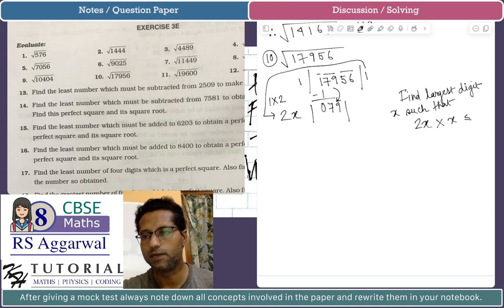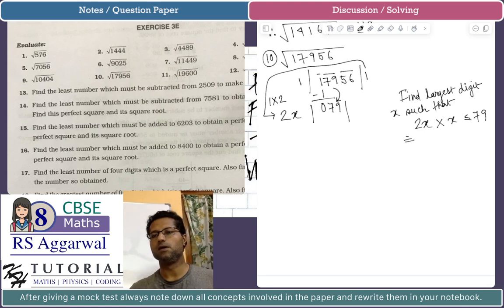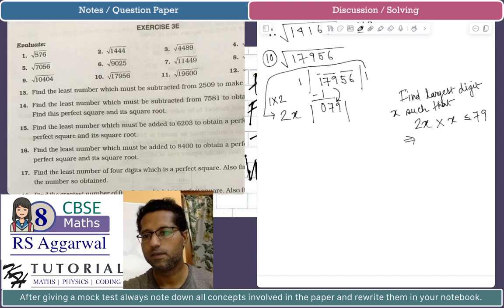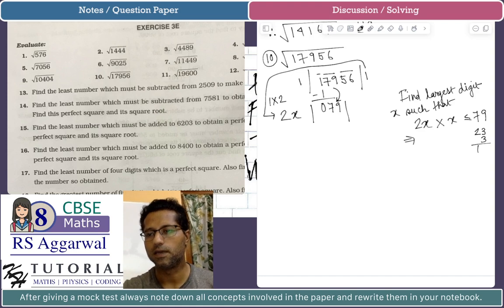What can x be? Can x be 3? Can x be 4? x cannot be 4, x can be 3, because 23 multiplied by 3 is 69. So this implies x equals 3.